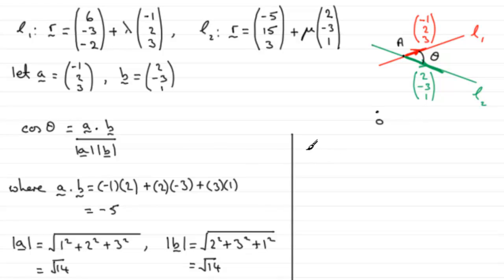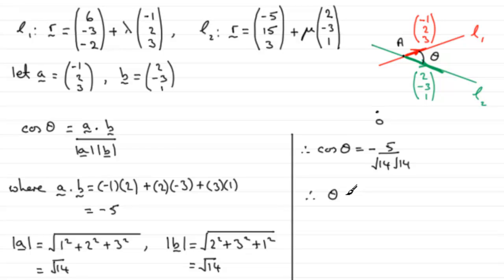All we've got to do now is just say that cos theta, if we use the dot product, equals A dot B, which we've seen is -5, divided by the square root of 14 multiplied by the square root of 14. So in other words, we get that cos theta equals -5 over 14.